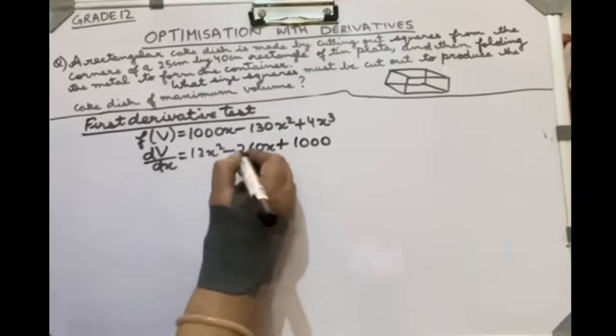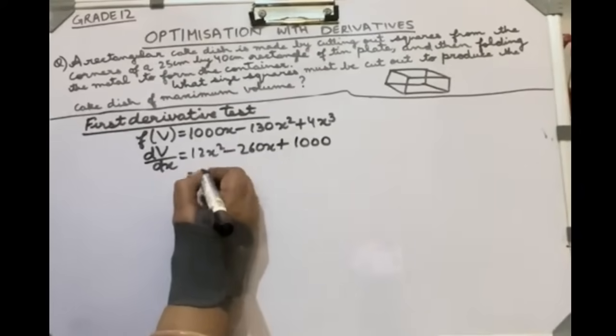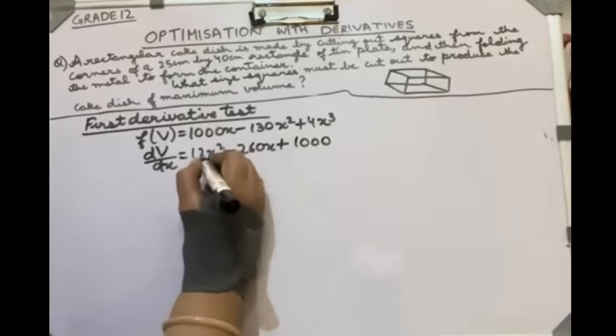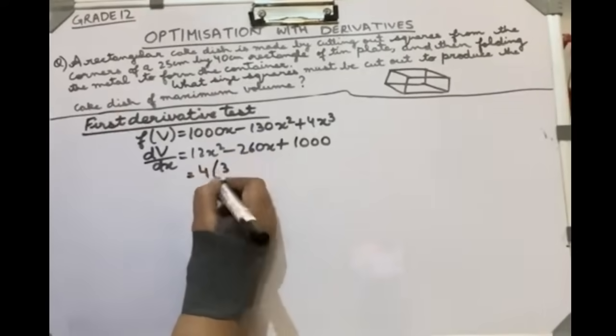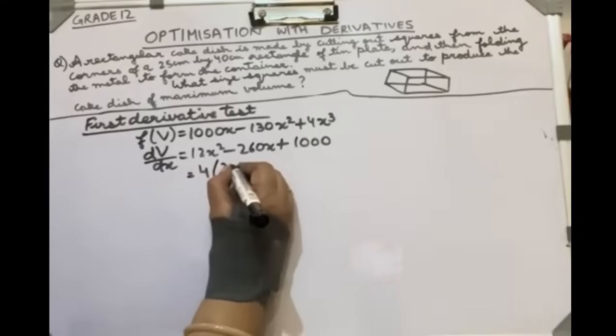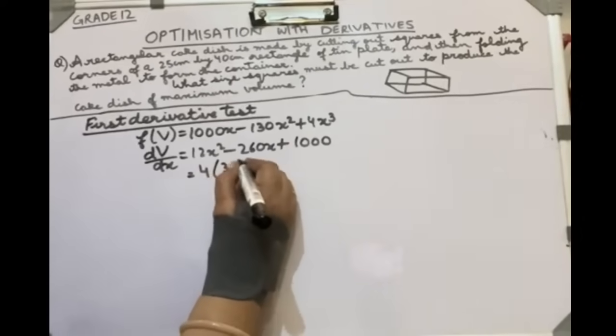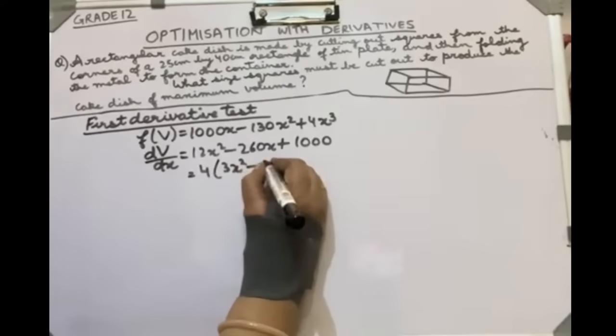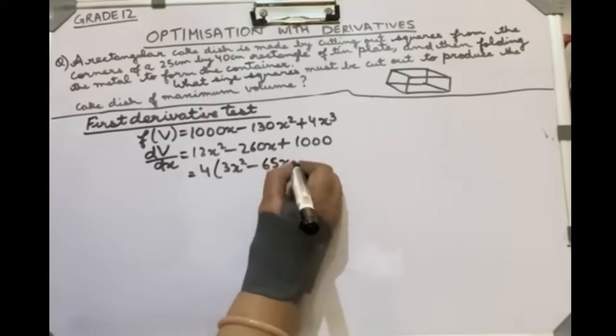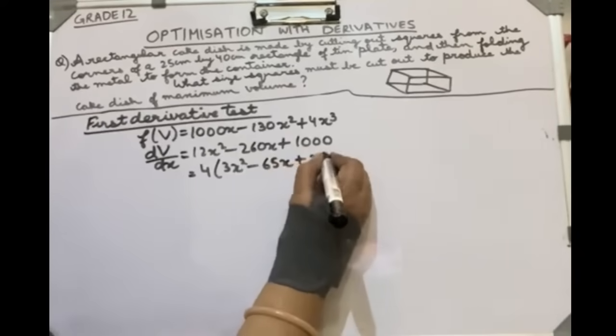If you simplify, taking out the common factor, which is 4, we get 4 within bracket 3x square minus 65x plus 250.